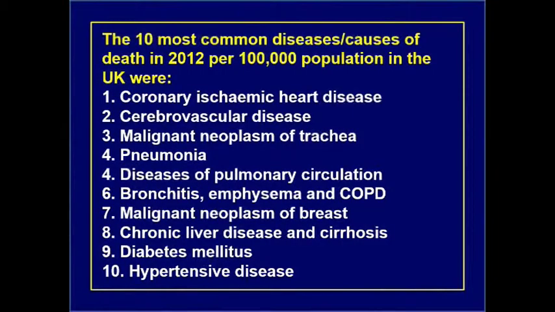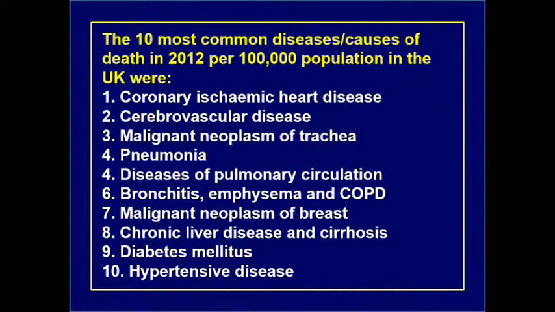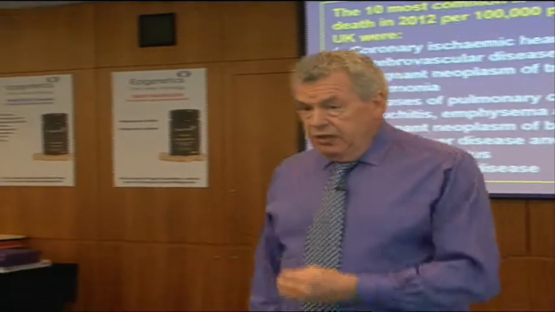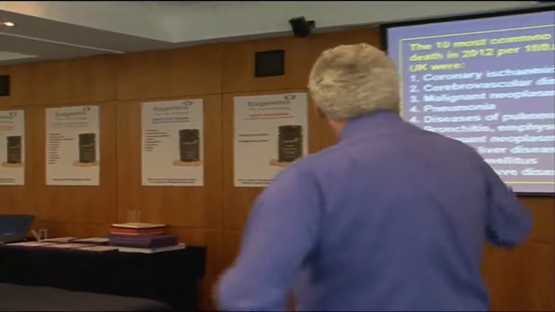Cerebrovascular accidents, in other words, strokes and transient ischemic attacks, malignant neoplasms of the lung, pneumonia, diseases of pulmonary circulation, bronchitis, infections, malignant neoplasms of the breast, liver, diabetes, and hypertension. So certainly we could put a lot of these into the category of lack of oxygen or lack of energy. Ultimately, particularly, we know that all malignant cells are hypoxic. This has been known for 80 or so years.